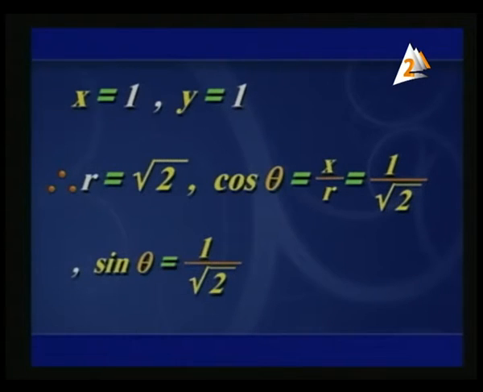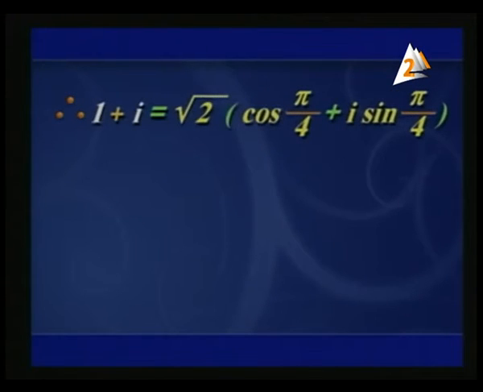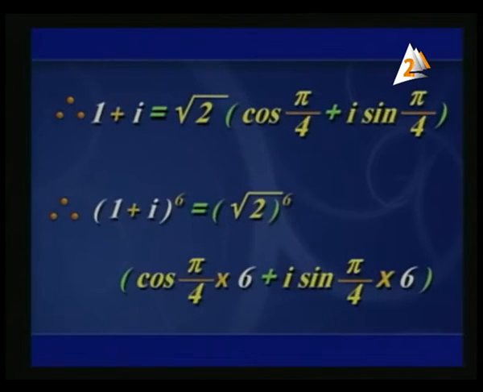Therefore, sin θ equals 1 over √2, therefore θ equals π/4. Then 1 + i equals √2(cos π/4 + i sin π/4). Then (1 + i)⁶ equals (√2)⁶ times (cos(π/4 × 6) + i sin(π/4 × 6)).